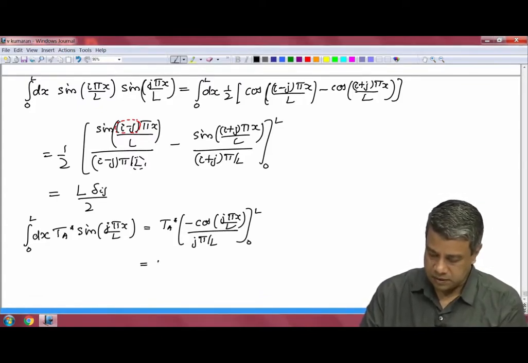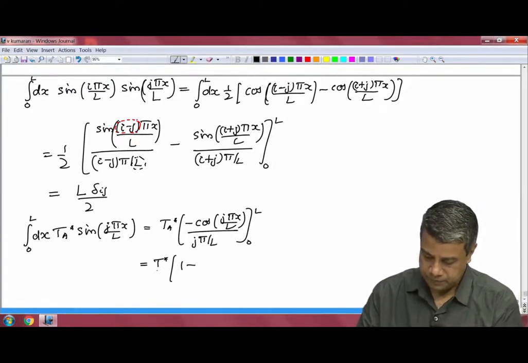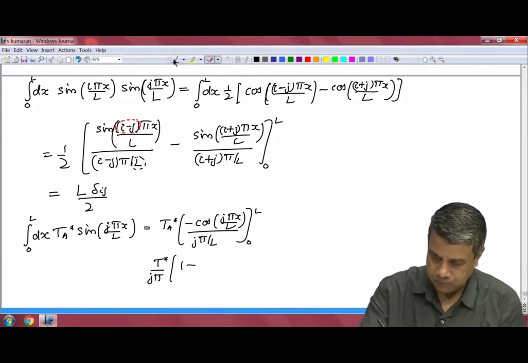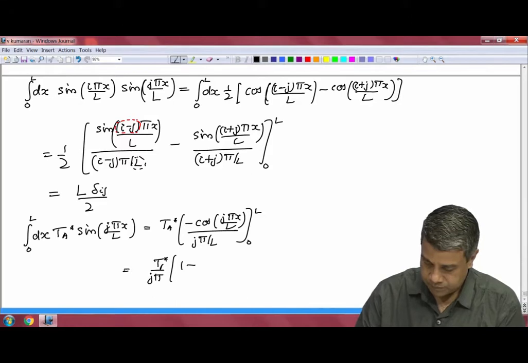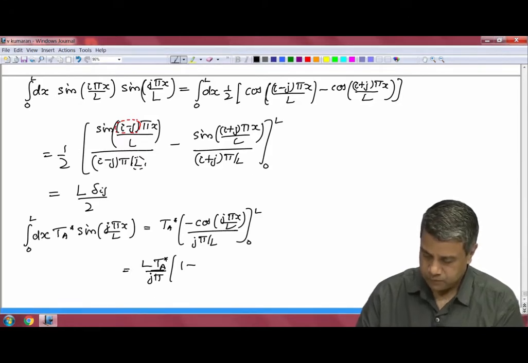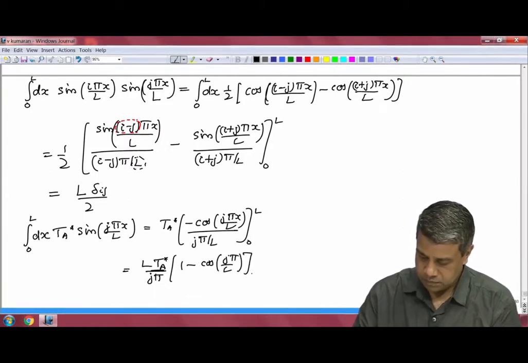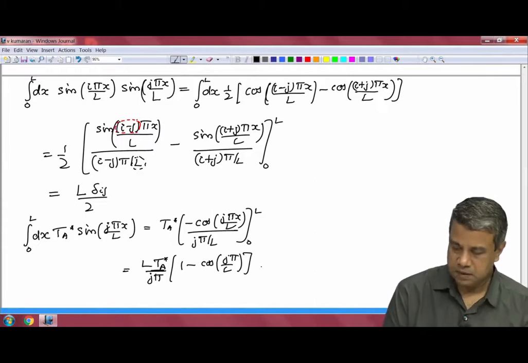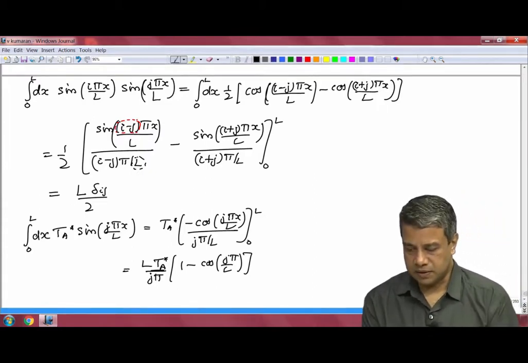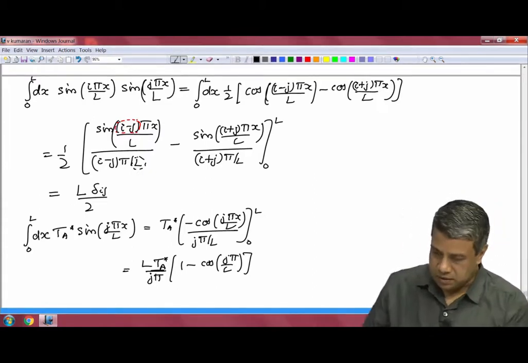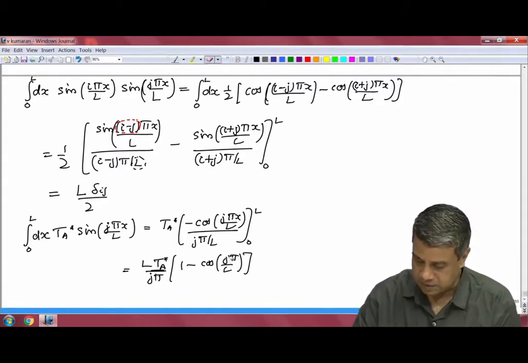And this will be equal to Ta star into 1 minus, okay, evaluating this between 0 and L. At L, there is no 1 over L here, my apologies.